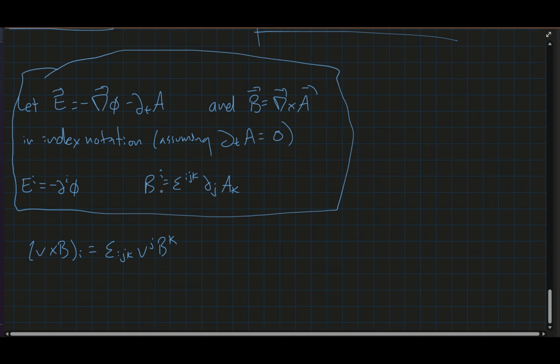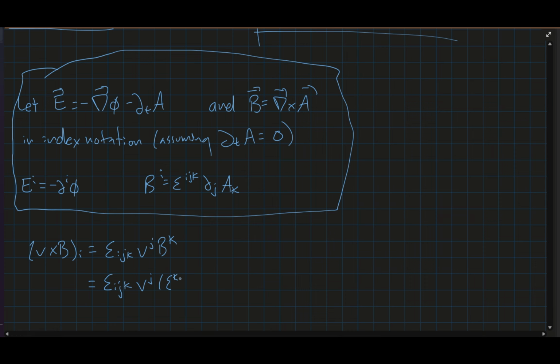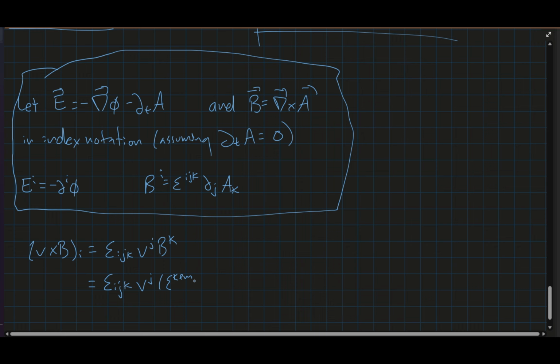But we have a definition for B over here, so let's just go ahead and sub it in. So we get epsilon_IJK V_J times B_K. So here I'm going to put in an epsilon_KLM del_L A_M.